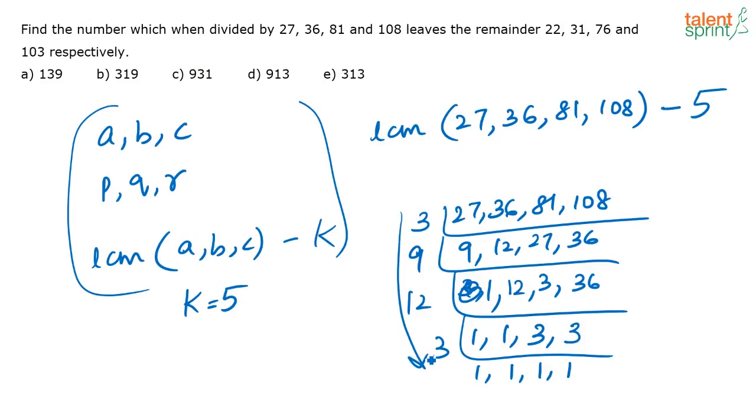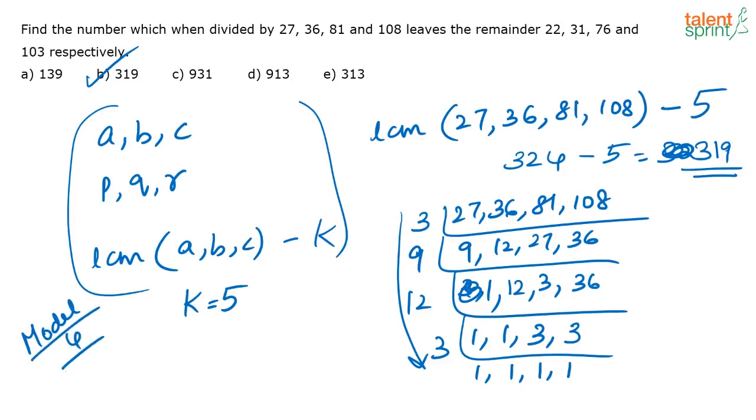Multiply these and you will get the LCM. So 3 into 9 is 27, into 12, into 3, and you get the LCM as 324. So the LCM will be 324 minus 5, correct? So that is 319. So this is model 4 in the video lessons.